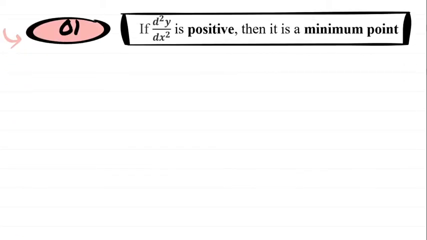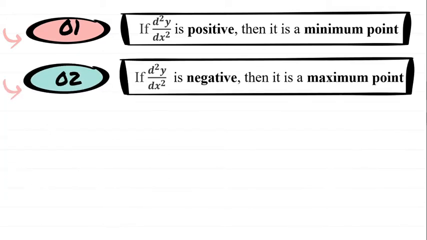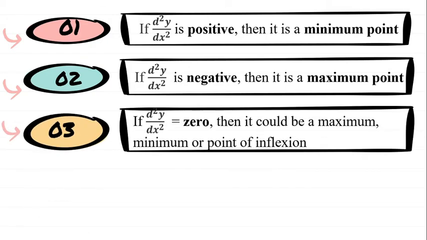First, if d squared y divided by dx squared is positive, then it is a minimum point. Second, if d squared y divided by dx squared is negative, then it is a maximum point.